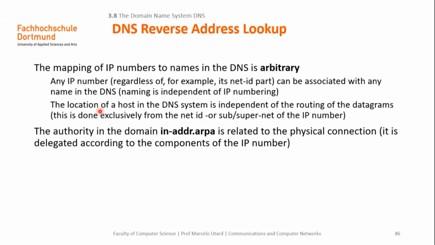That is, for instance, an IP address could be associated with an interface in a router or host in Argentina, and we could use that IP address to be associated to a domain name that is in the zone of, for instance, Fachhochschule Dortmund.